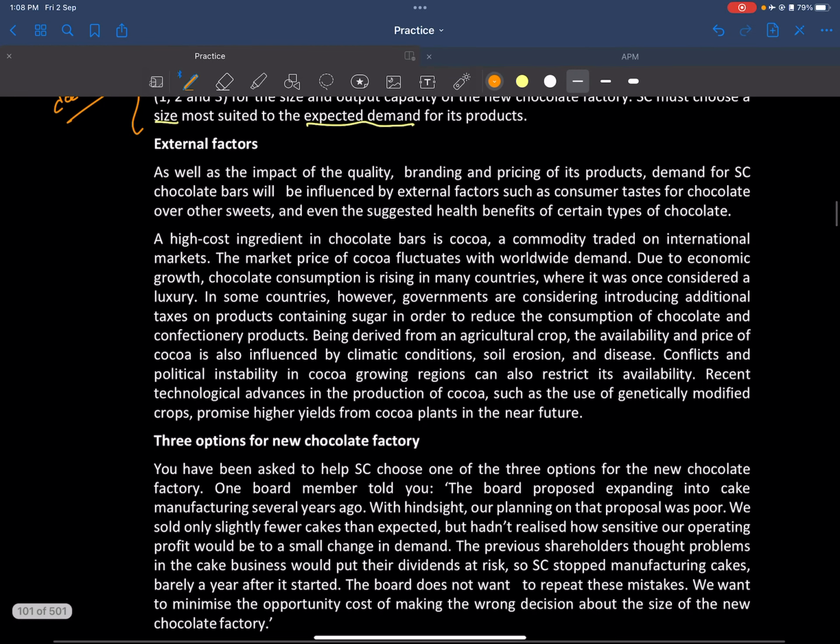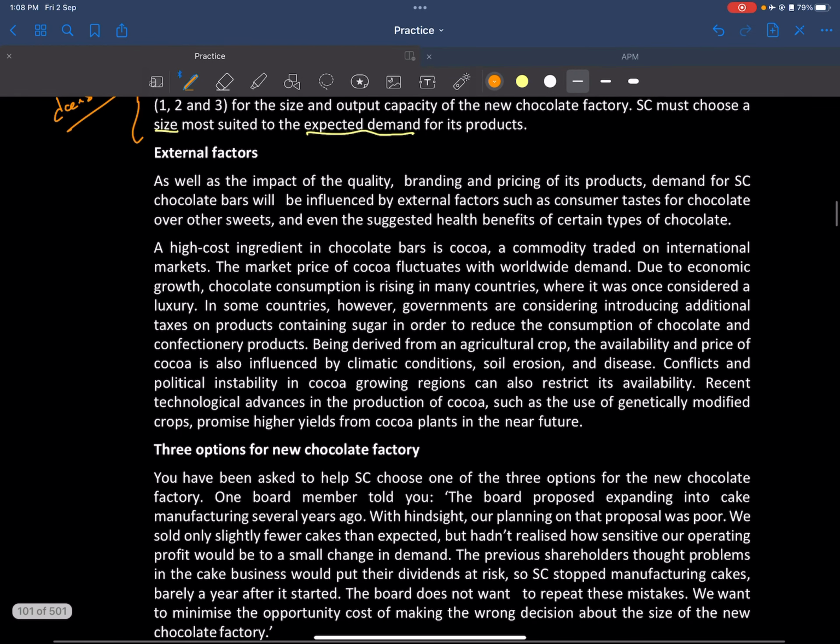So the first part, we will be inferring a lot from this scenario. So external factors as well as the impact of quality, branding and pricing. Demand for SC will be influenced by external factors such as consumers' taste for chocolate over other sweets, and even suggested health benefits of certain types of chocolate.